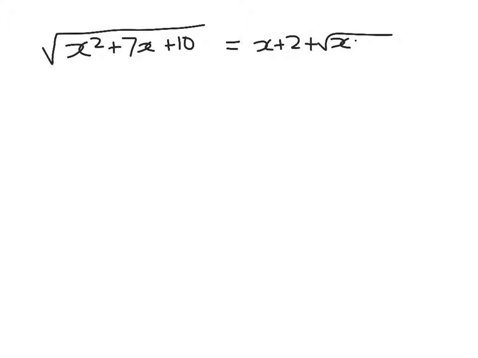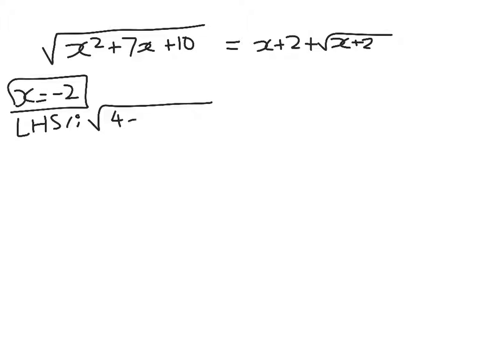Okay, so to do that I have to go right back to here and I've got to check this equation. So let's start with x equals negative 2. Left hand side works out to be the square root of 4 minus 14 plus 10.